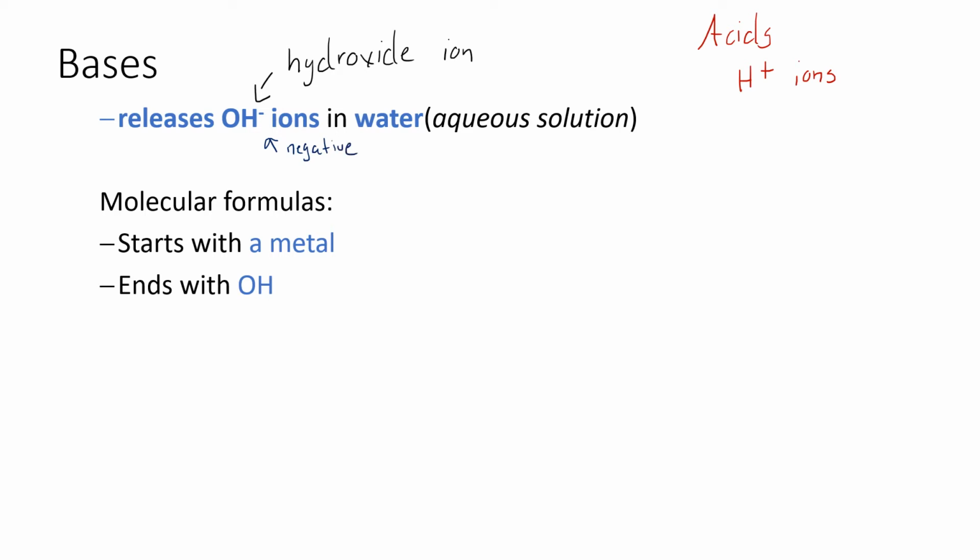Now, if we're looking at the molecular formula of a base, it starts with a metal. So metals, again, we're looking at group 1, which is our alkali metals. Anything in group 2, which is our alkaline earth metals.